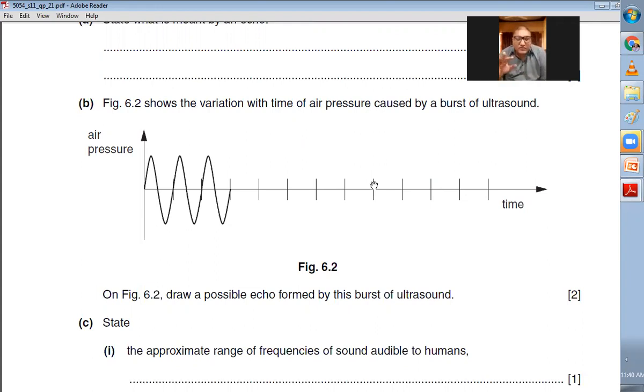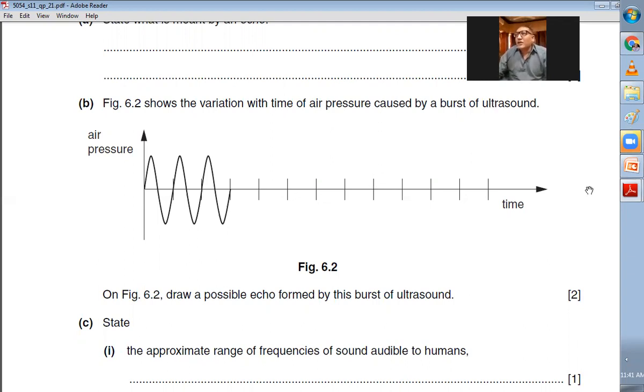One precaution about drawing the echoes here is that they should have lesser amplitude, and their time period should remain the same.